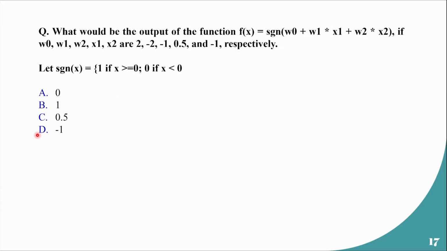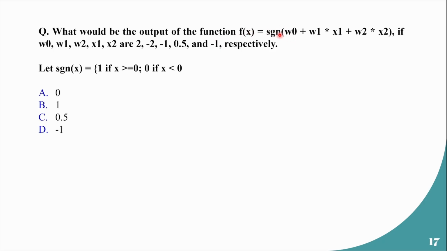Now, in algorithms, of course, they work by solving a lot of functions. So let's say here we have a very simple question. You have been asked that a function f(x) equals SGN of something.